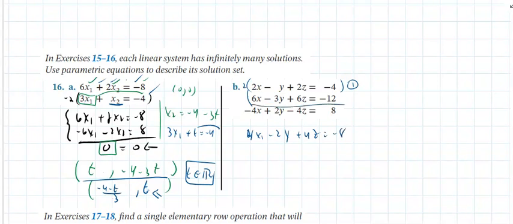If I add it to this, I'll get 0 equals 0. And if I take -3 times row 1, I'll get -6x plus 3y minus 6z equal to 12. And if I add that to equation 2, now you notice how messy this is to say.